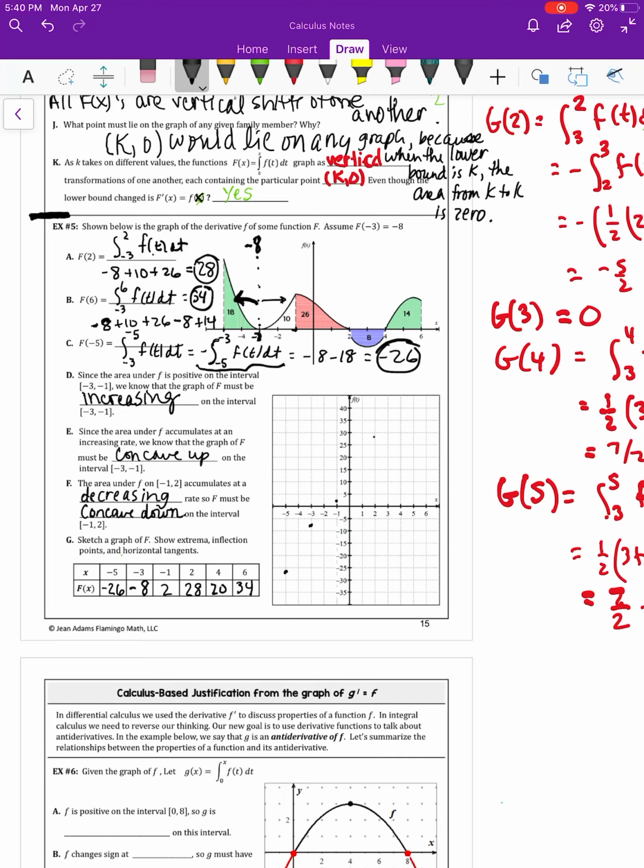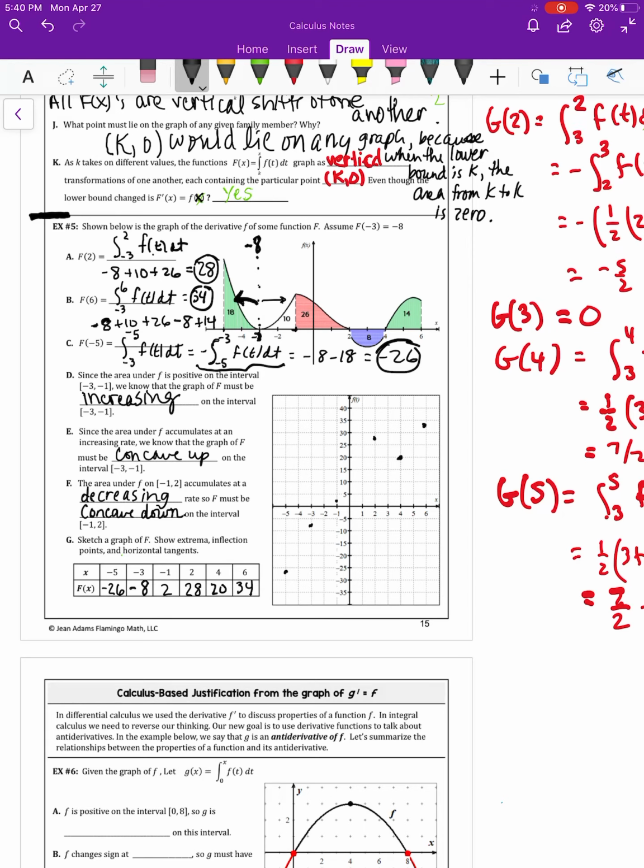Positive 2, positive 28. Positive 4, positive 20. Positive 6, positive 34. And now we have to start thinking about what these values mean.